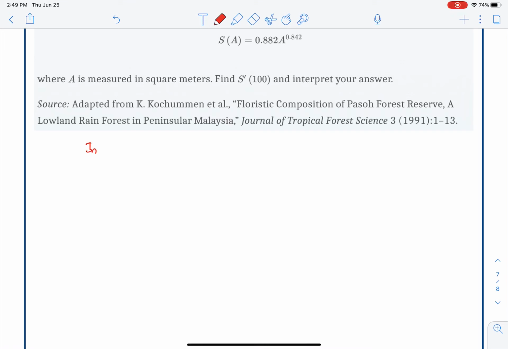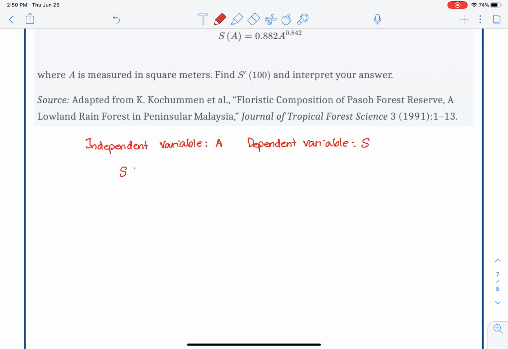Here the independent variable is A, the dependent variable is S, and we have S of A equals 0.882 A raised 0.842. So dS over dA would simply be S prime of A, or simply S prime.